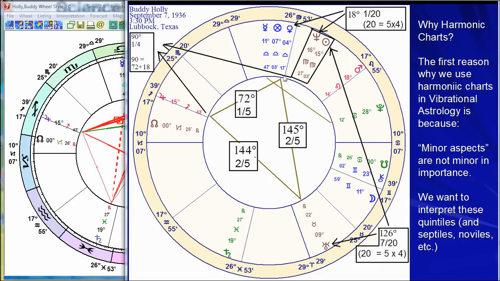We want some kind of diagram to show us that Venus and Jupiter and Uranus are in fifth harmonic to each other, and we want to see the orbs more clearly. And the harmonic chart will do that. And it will do a lot more. We'll talk about all these other things out here in a minute that the harmonic chart will also show us. But right now, taking one step at a time, it's going to show us this very clearly.